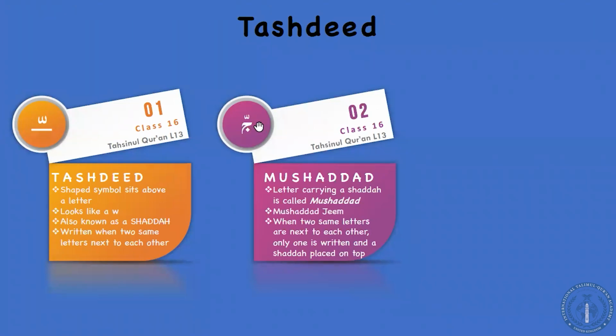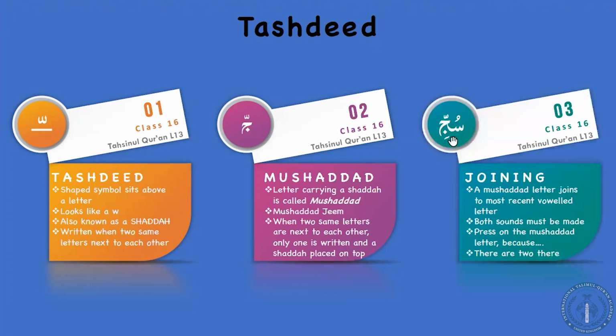Okay. We can also call a letter that carries a tashdid a mushaddad letter. So this is a mushaddad letter, or I can say this is a jim mushaddad. A jim mushaddad.